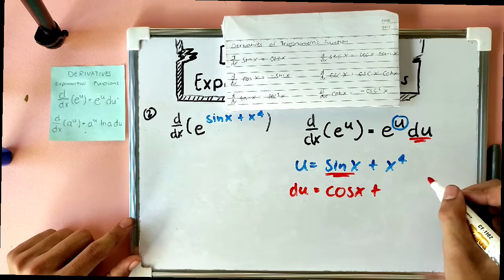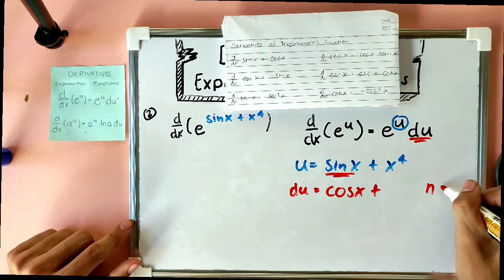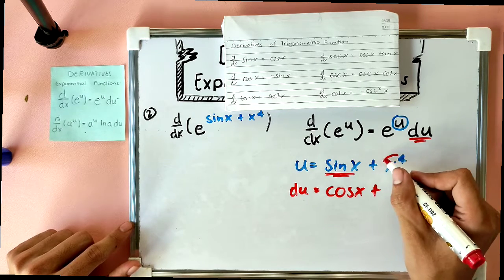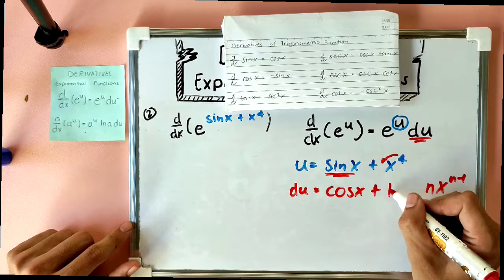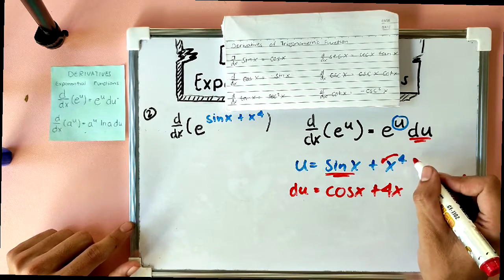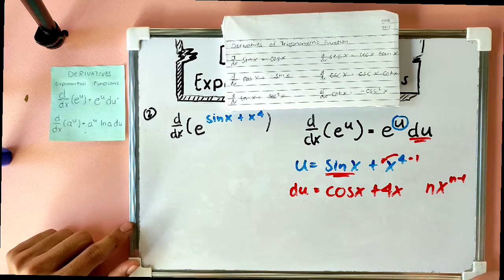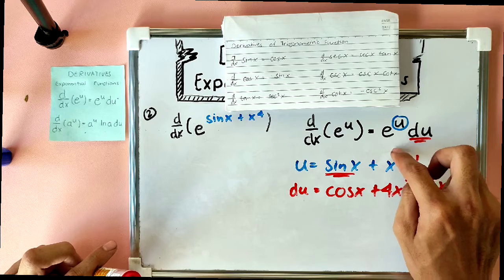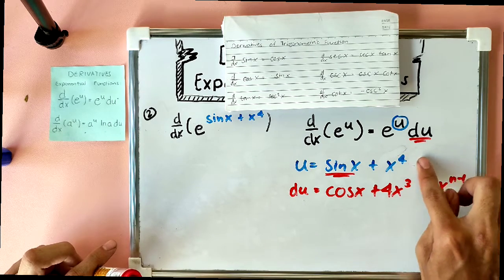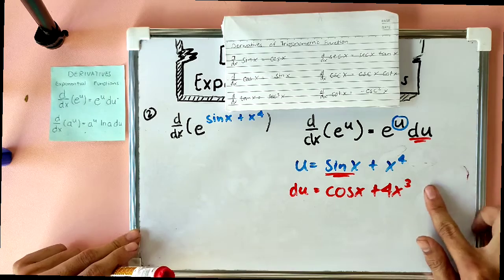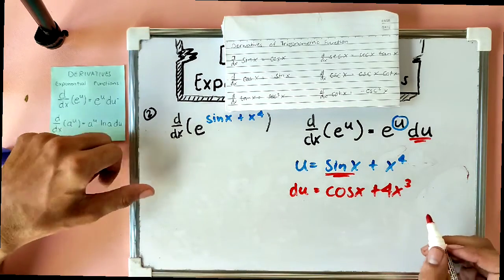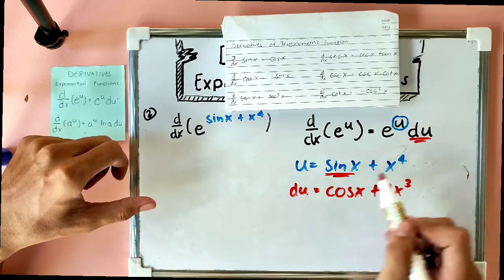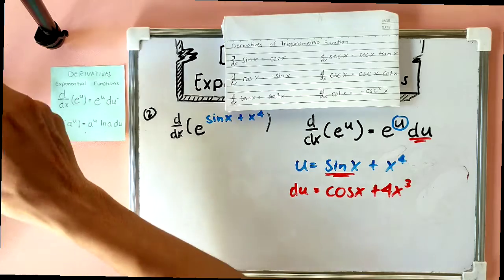As we recall for our power rule, n x raised to n minus 1. So basically yung 4, ita-times lang natin siya dito, so 4x, then yung exponent na 4 magma-minus lang tayo ng 1. So i-derive lang natin siya using power rule. So i-substitute na natin yung value dahil meron na tayong u and meron na tayong du, pwede na natin siyang i-substitute sa formula.